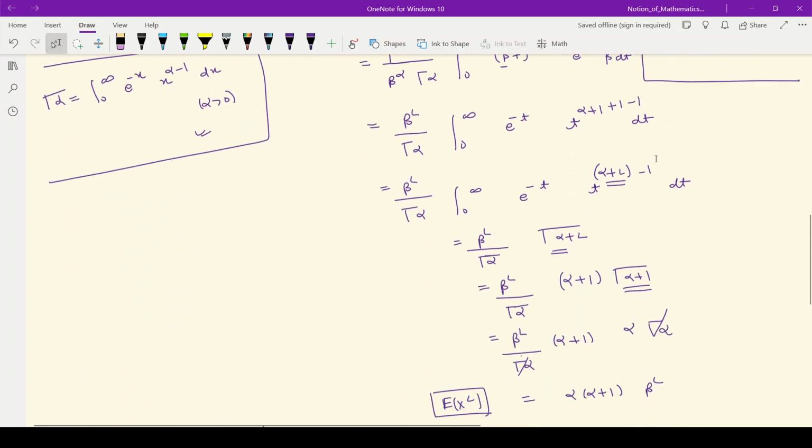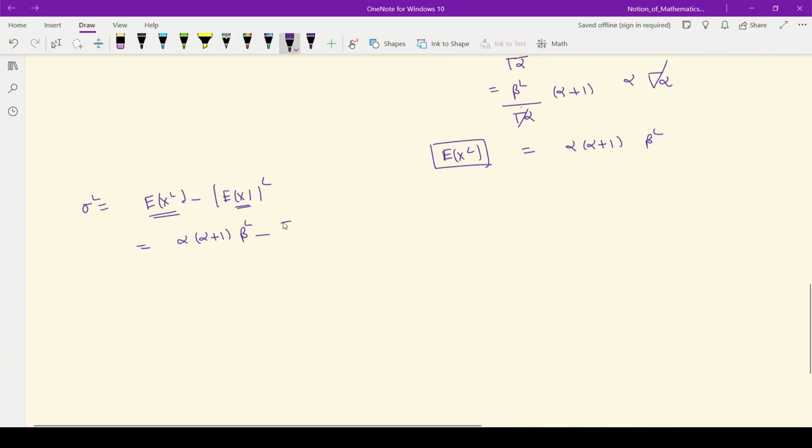So it is going to be, students, alpha into beta whole square, that is alpha square beta square, plus alpha beta square minus alpha square beta square. It is cancelled out. Ultimately it is alpha beta square. So this is the final value of the variance.